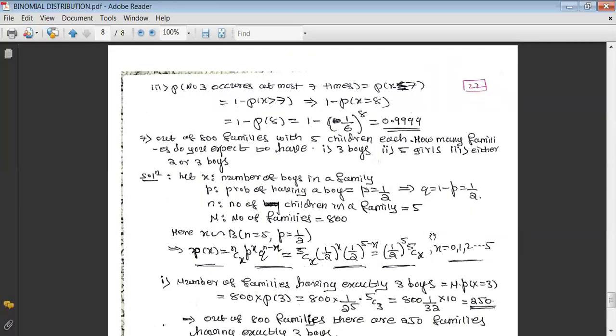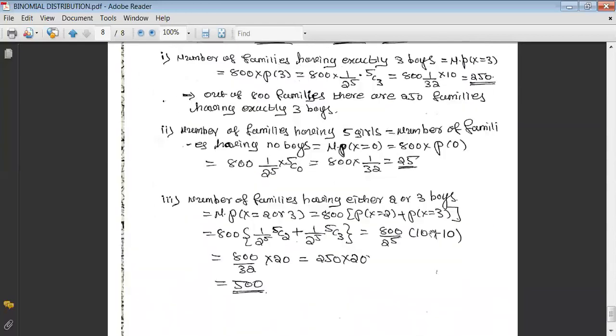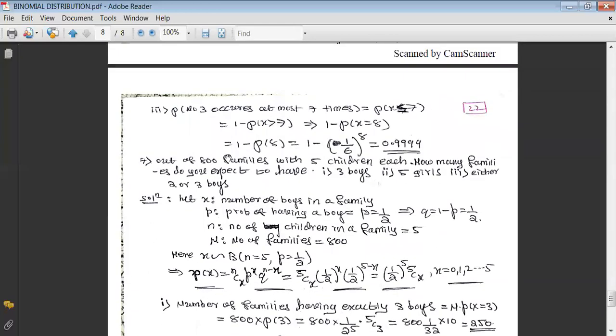And one last problem. In this problem, instead of getting the probabilities, we are asked to find the theoretical frequencies. But in order to get the theoretical frequencies, getting the corresponding probabilities is a must. Now first let us look at the problem. What is the statement of the problem?